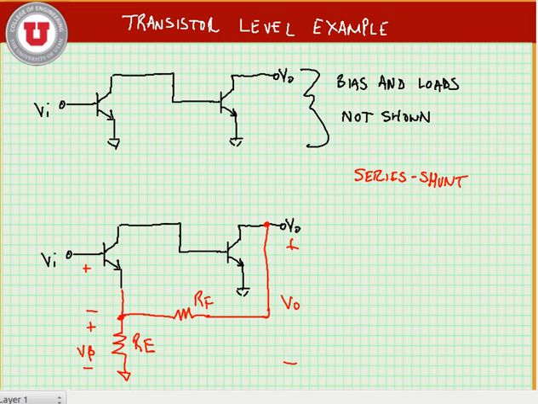The positive side of the error resistance is my error signal, V sub E. So basically what I see here is, to get to the output, I just have my output voltage going across the feedback network, but to get back to the input I have to go through my feedback circuit, my V beta, plus my error voltage. So the feedback voltage and the error voltage are in series. And this makes this a series shunt amplifier. Alright, so we'll stop there and look at a few more examples of feedback in a moment.